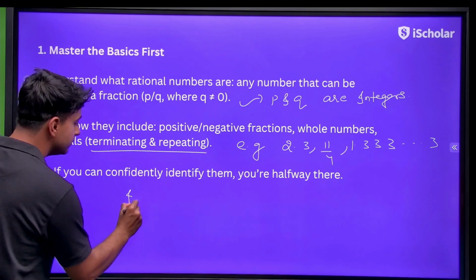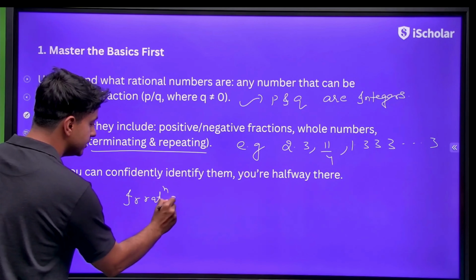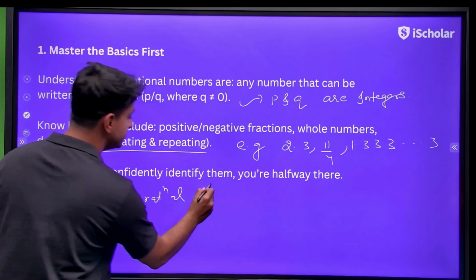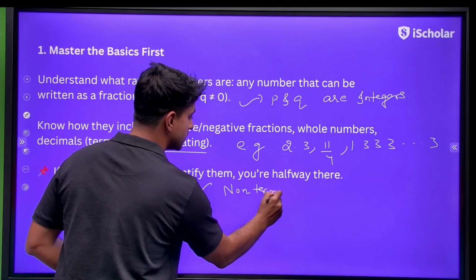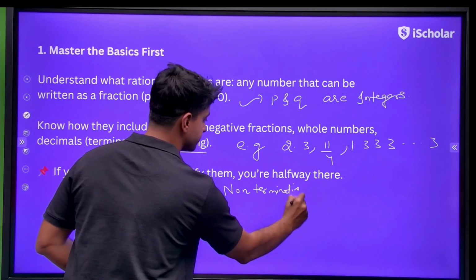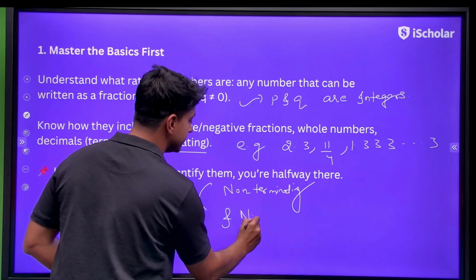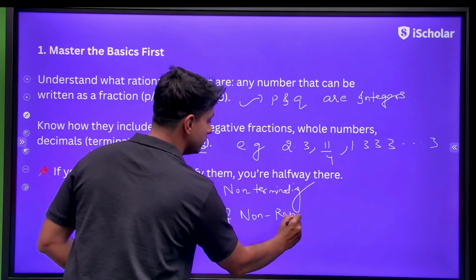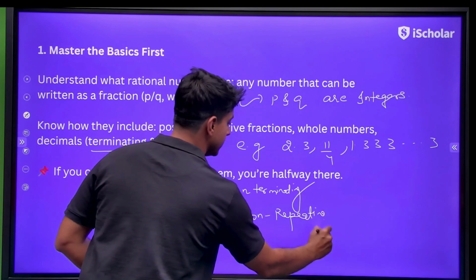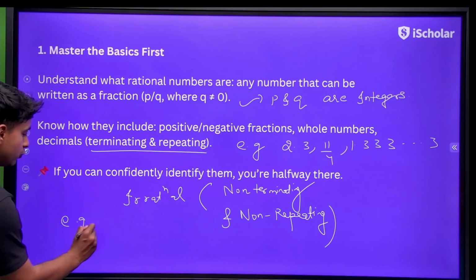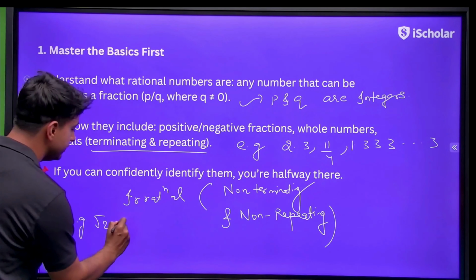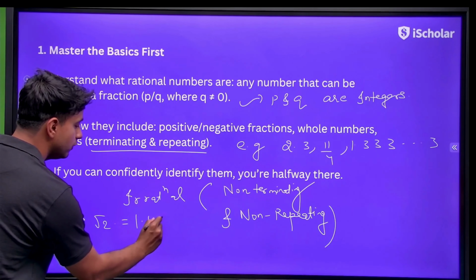Because irrational numbers are what? Irrational numbers are just the opposite. These are non-terminating and non-repeating. Okay, so they don't repeat also and they never terminate. Examples are like, suppose root 2. If you look at root 2, it is 1.414 and so on.